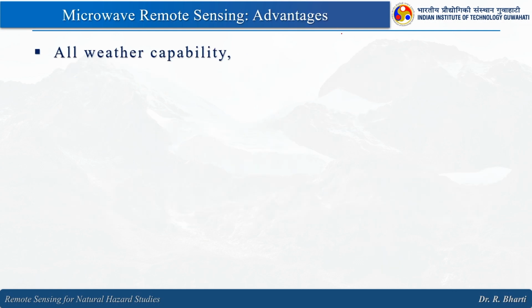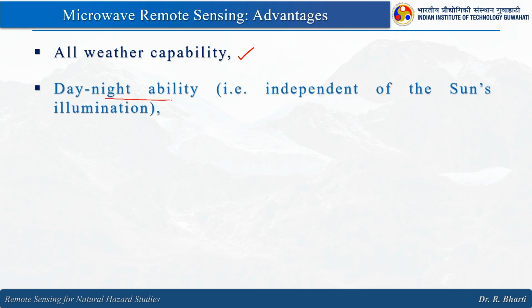So, now we will see what are the different advantages of microwave remote sensing. It has all weather capability because it can measure through the cloud cover and through the hazy atmosphere, and it also has day-night ability because we have active microwave sensors, right.